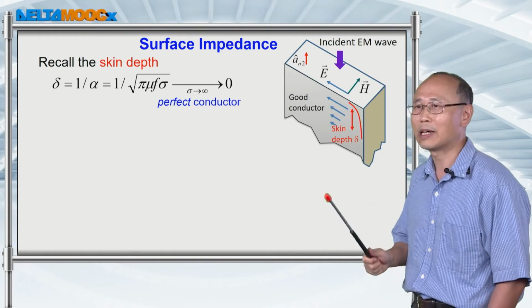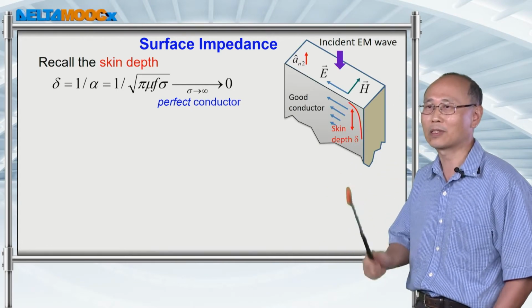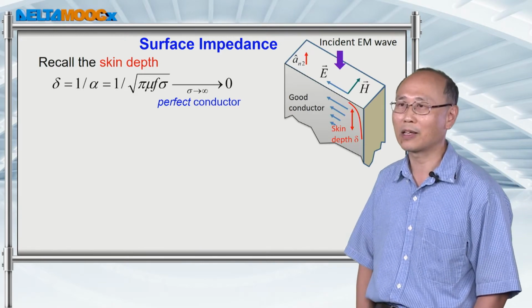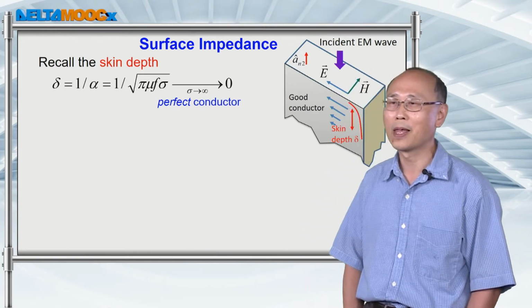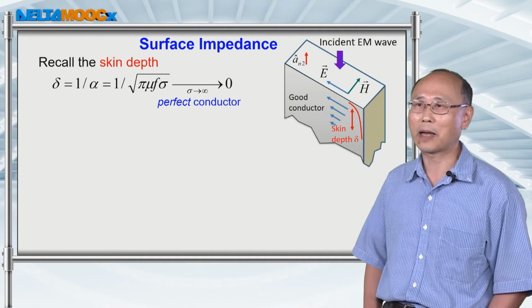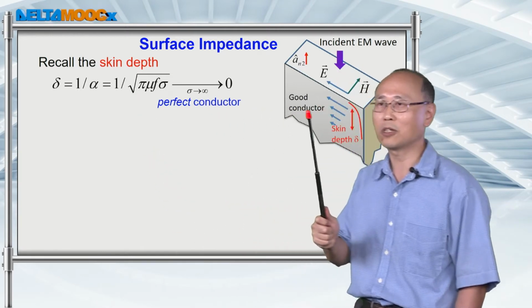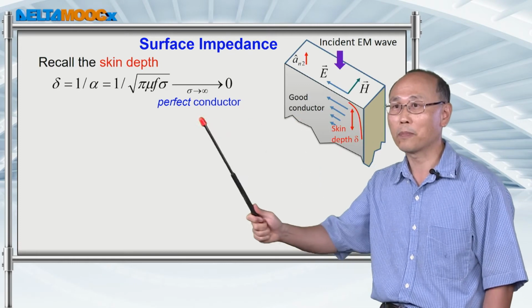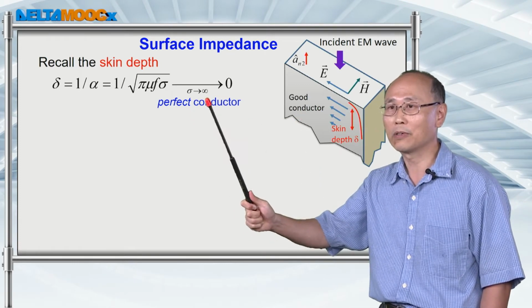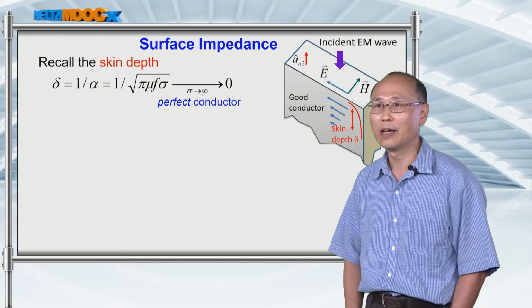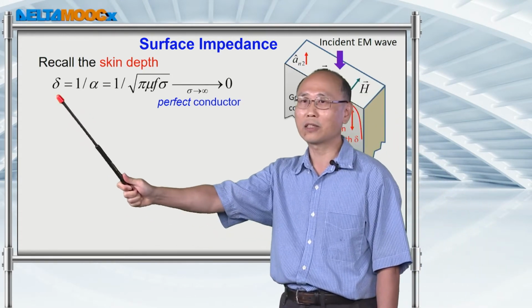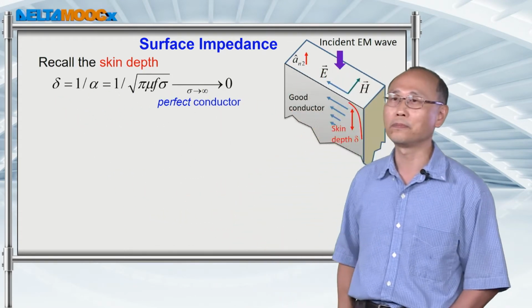And then within the skin depth, you still have some electric field and magnetic field inside, but not beyond this skin depth. And now, if we allow this piece of good conductor to become a perfect conductor, where your conductivity approaches infinity, then you can see that this skin depth will approach 0.